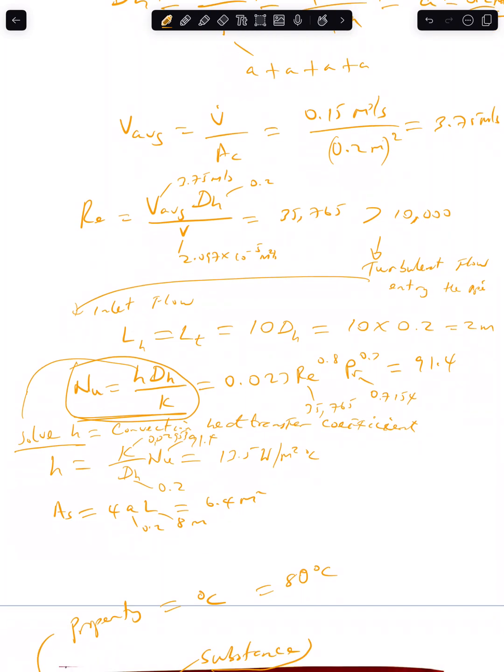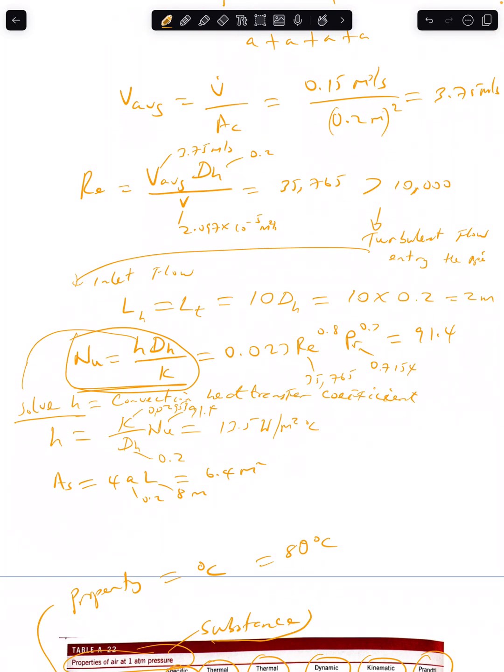Now, can I determine the mass flow rate for the system? Remember, we have the flow rate. Now we want to determine the mass flow rate. The mass flow rate for the system can become what? Density times the flow rate. So this is the flow rate, this is the mass flow rate.